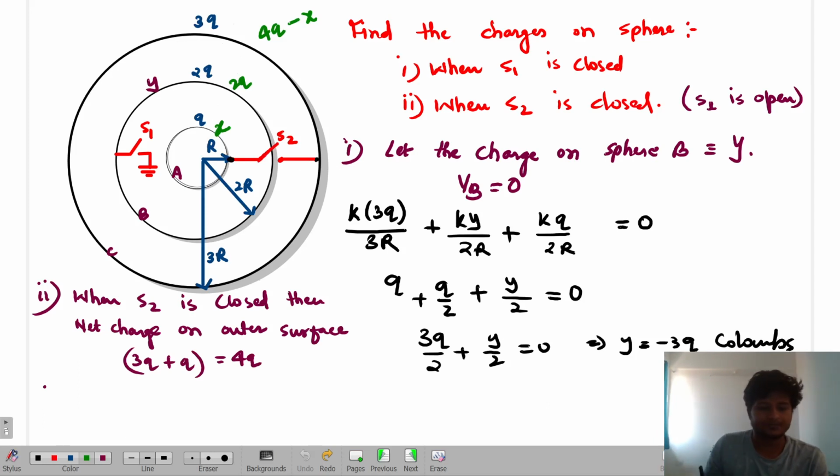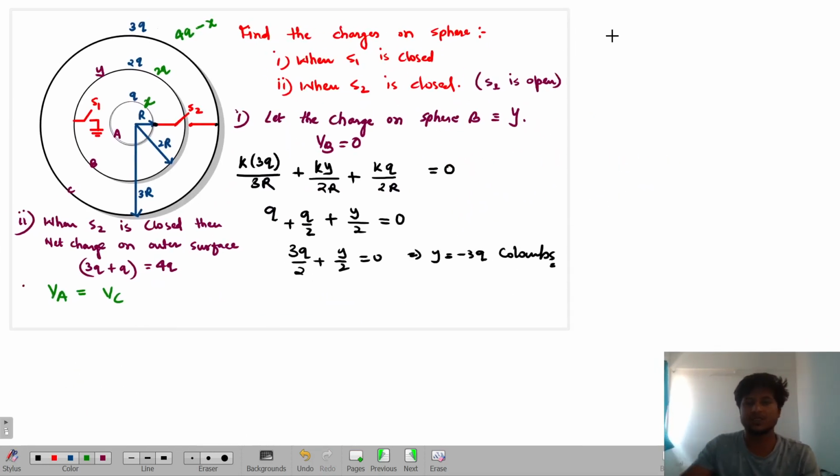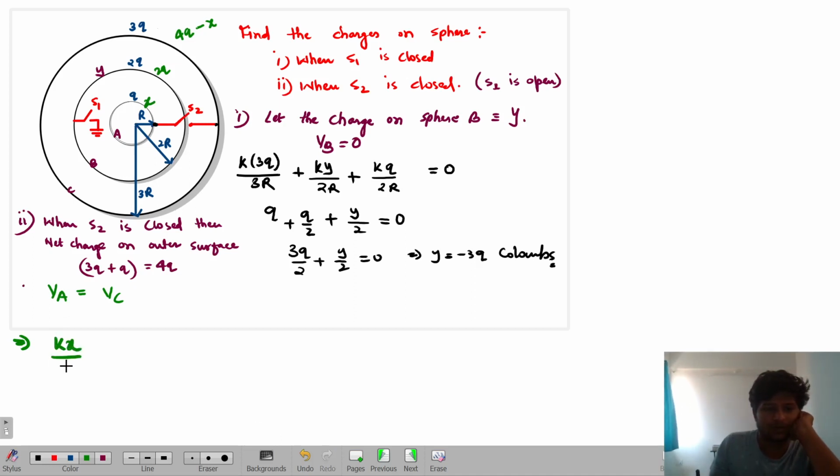So look over here. Then the net potential equation will be: potential of A sphere equal to potential of C. What will I write over here? VA, potential of A sphere, is Kx by R. Then due to 2Q, K into 2Q by, it is an inner side now, so it will be 2R, isn't it?